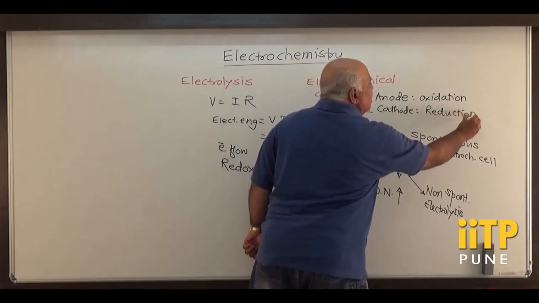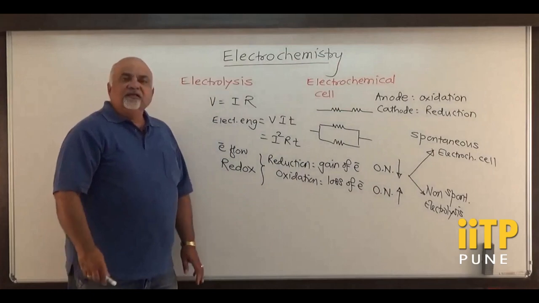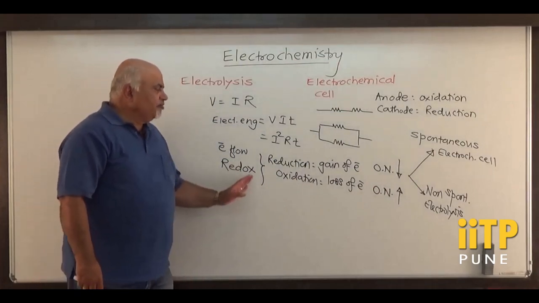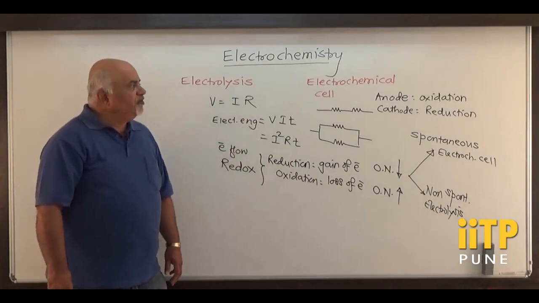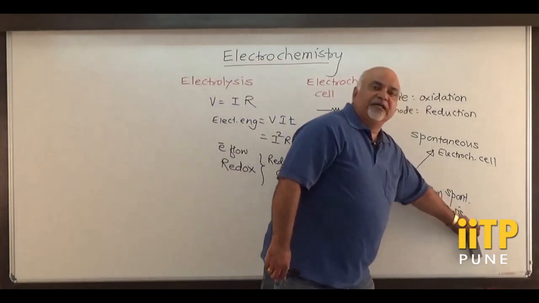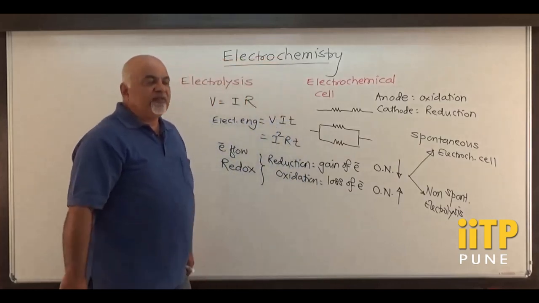Whether it is an electrolysis or an electrochemical cell, the reaction at anode is always oxidation. Oxidation means loss of electrons. Reaction at cathode is always reduction, and reduction means gain of electrons. Both these reactions are happening simultaneously at two different electrodes involved in the system.